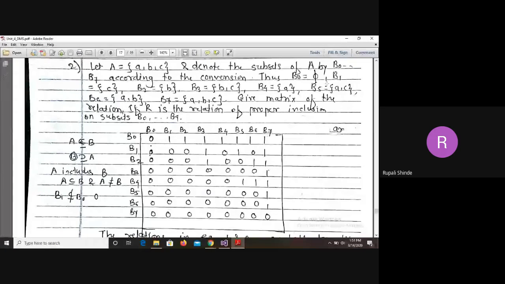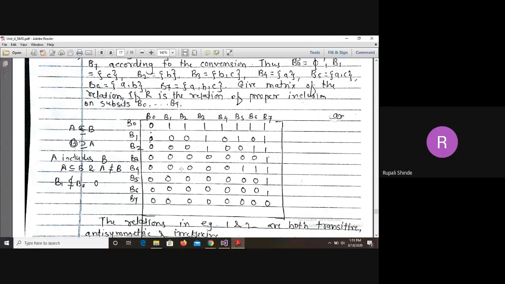B1 is set C and B7 is set A, B, C. So here we can say that B1 is a subset of B7 and B1 is not equal to B7. That's why B1 is a proper subset of B7, so we have marked 1. Likewise we can fill in all the places by marking either 0 or 1. Are you getting this problem?